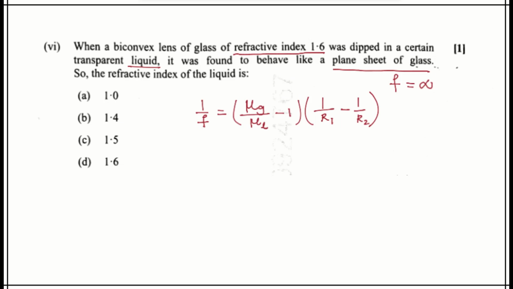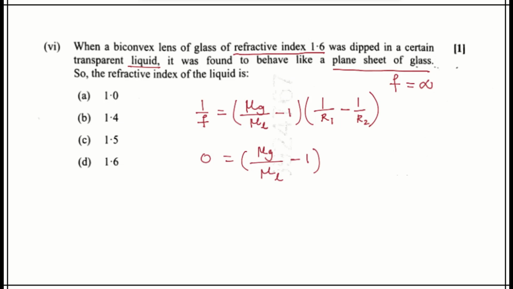Now in this case, if the focal length becomes infinity, the left hand side will become 0, equal to mu glass by mu liquid minus 1, times 1 by R1 minus 1 by R2. If we take that to the left hand side, it will also turn as 0.